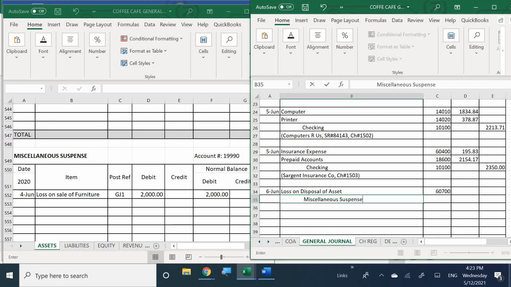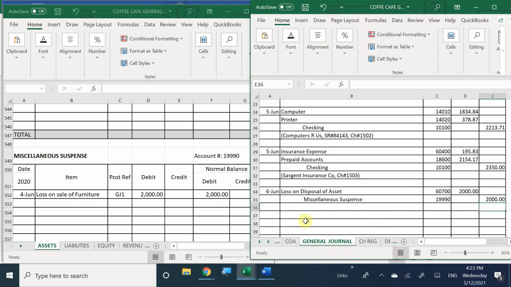Suspense, which is account number 19,990. Okay, and we're moving the $2,000 from account A to account B. All right, from old account to new account.